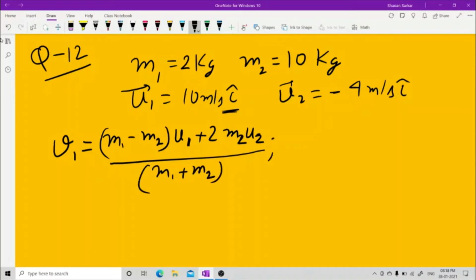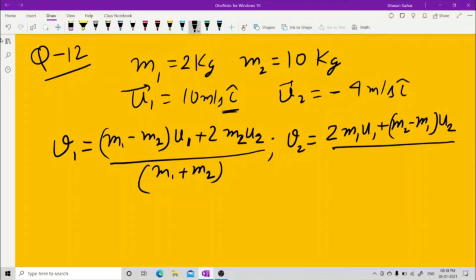And when I write V2, I will write 2 M1 U1 plus (M2 minus M1) U2 upon M1 plus M2. This is the way I write basically.